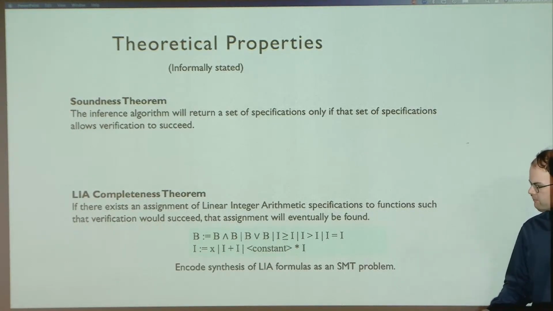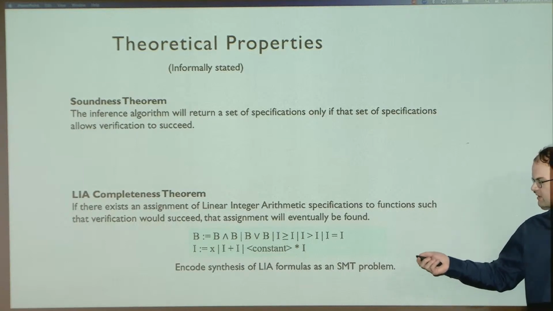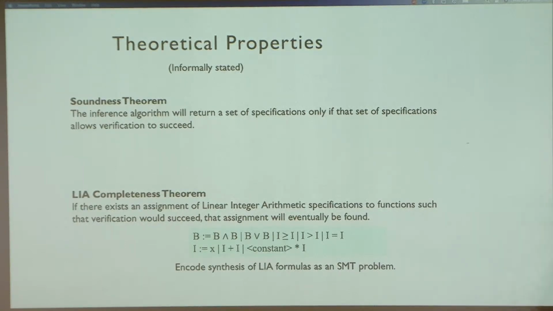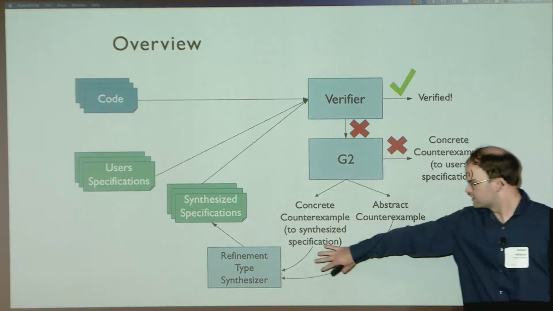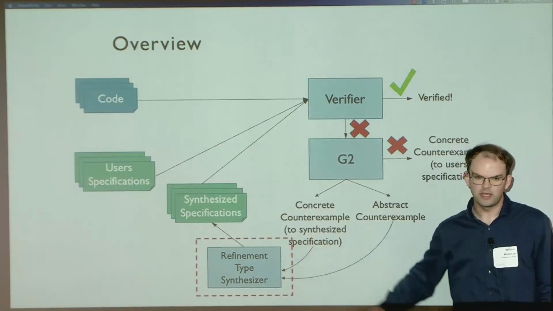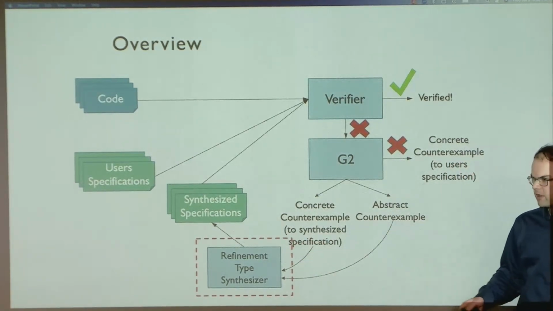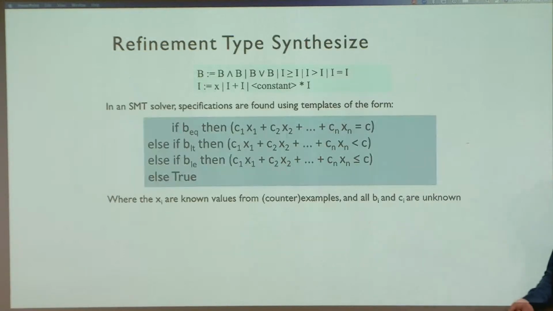The way we're going to design our synthesizer is we're going to encode synthesis of LIA formulas as an SMT problem. And so we have this little synthesizer down here that is giving us the specifications for our functions. We're going to use an SMT solver to solve this problem, and what we're going to do is have templates.